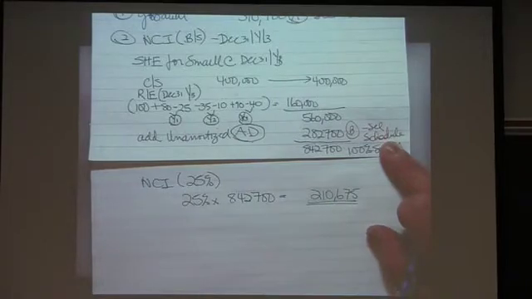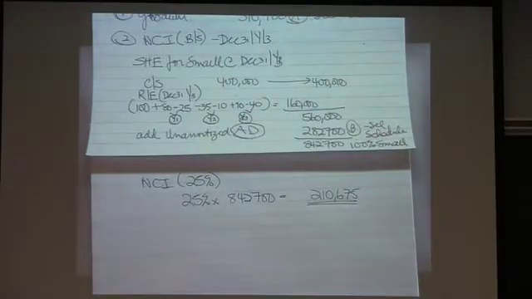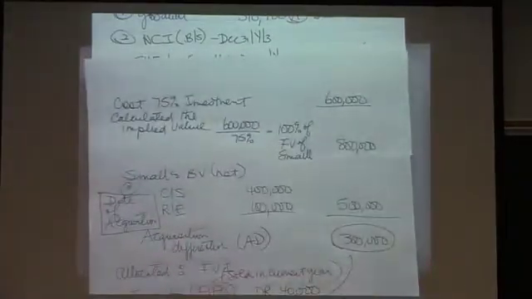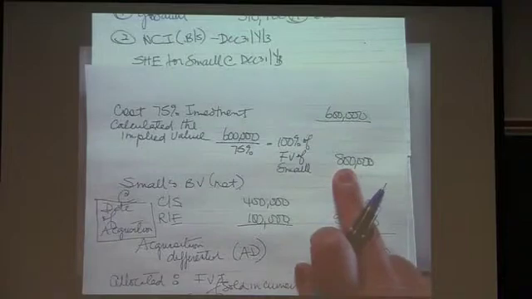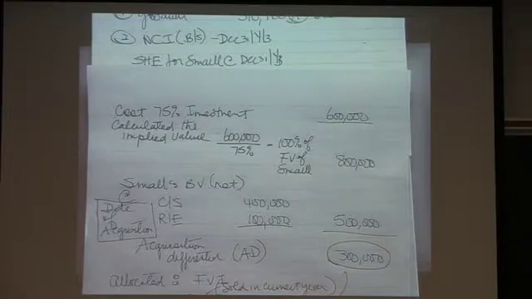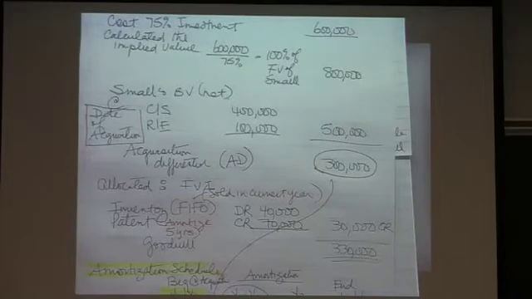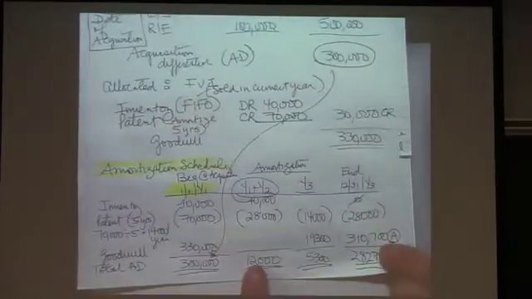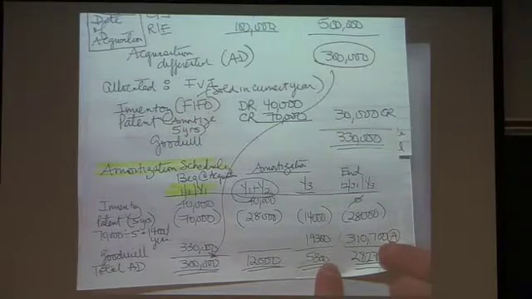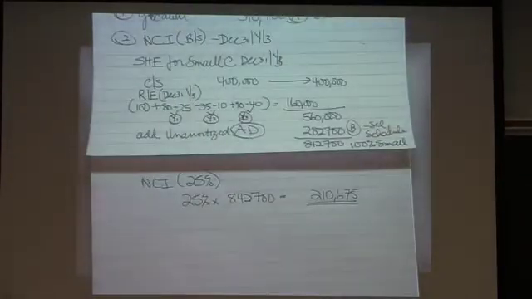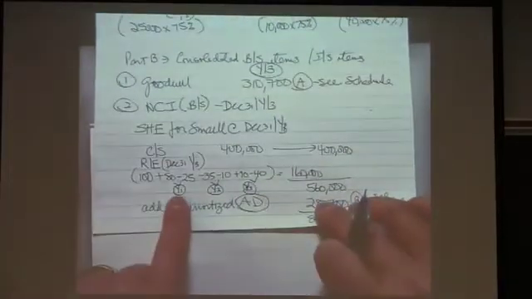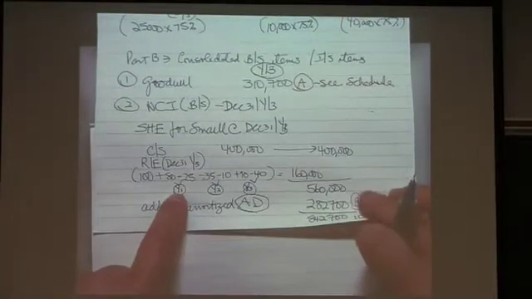Now, another way of doing it is to take a look at the non-controlling interest at the date of acquisition. So another way is to calculate non-controlling interest, which is 25% of 800,000, plus 25% of the acquisition differential that you just calculated for years 1, 2, and 3, adjusted, plus 25% of the changes in shareholders' equity for years 1, 2, and 3.